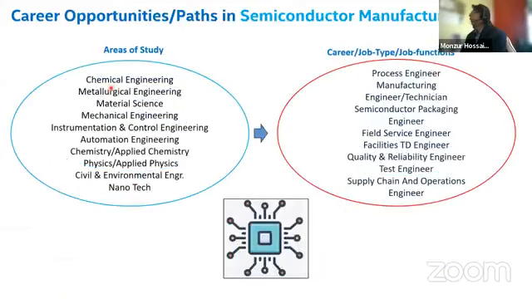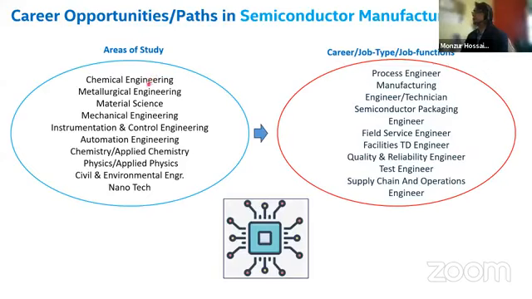Now I'm moving into the semiconductor manufacturing area, the fabrication area. If you want to have a job in the fabrication or fab, the manufacturing domain, you can do it if you have studied in this area.